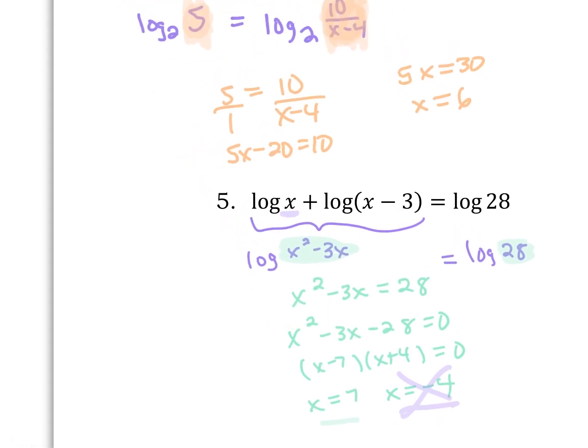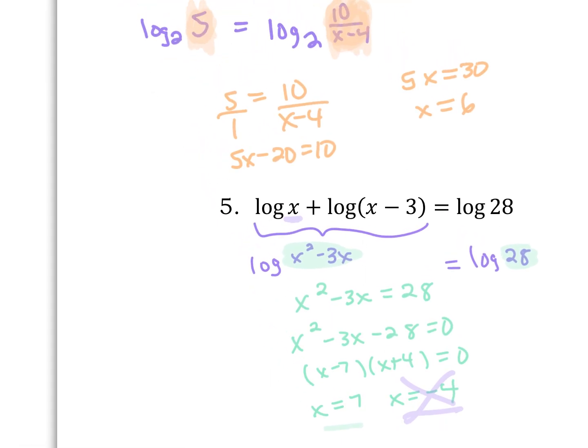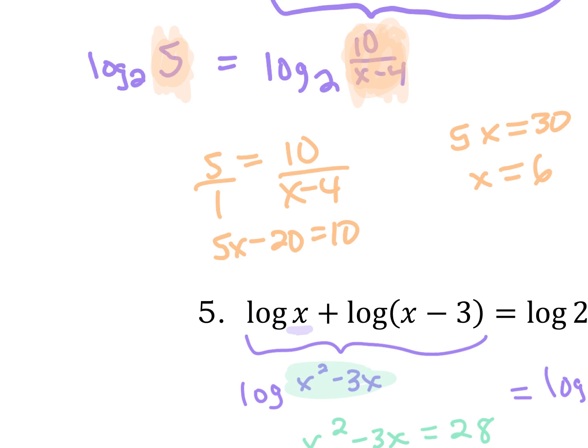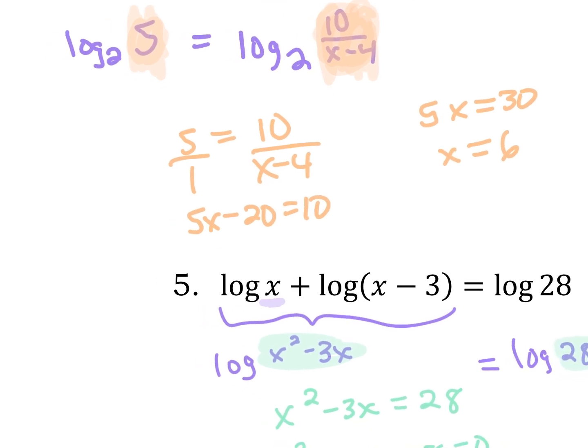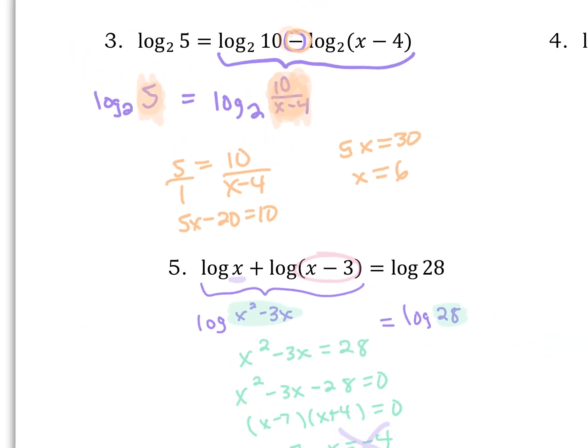If we were told, as an example, that x is equal to 1 was our solution, if we plugged into this, we would get something negative. That would be a problem, so x equals 1 would not work, right? Does that make sense? So don't just assume you have to check all of your negative answers. You need to check your positive answers also.